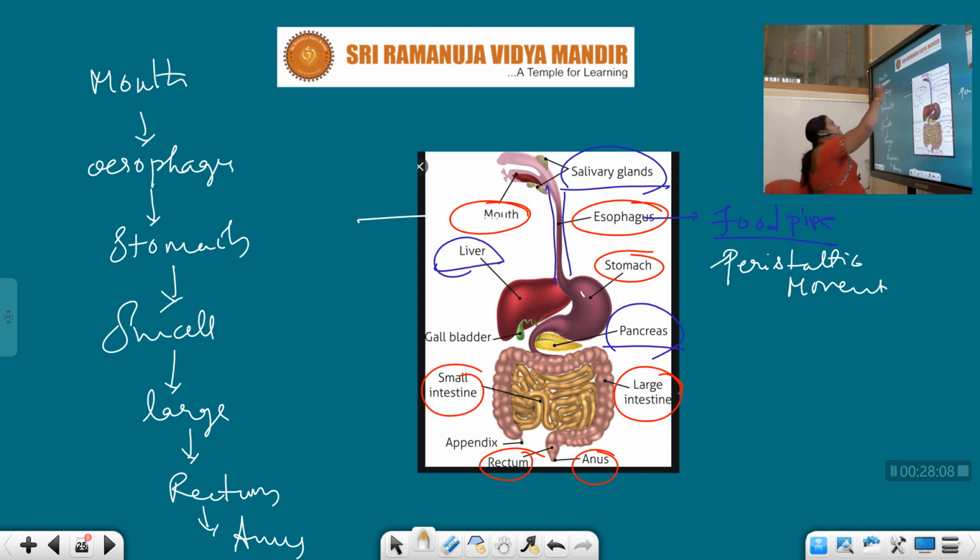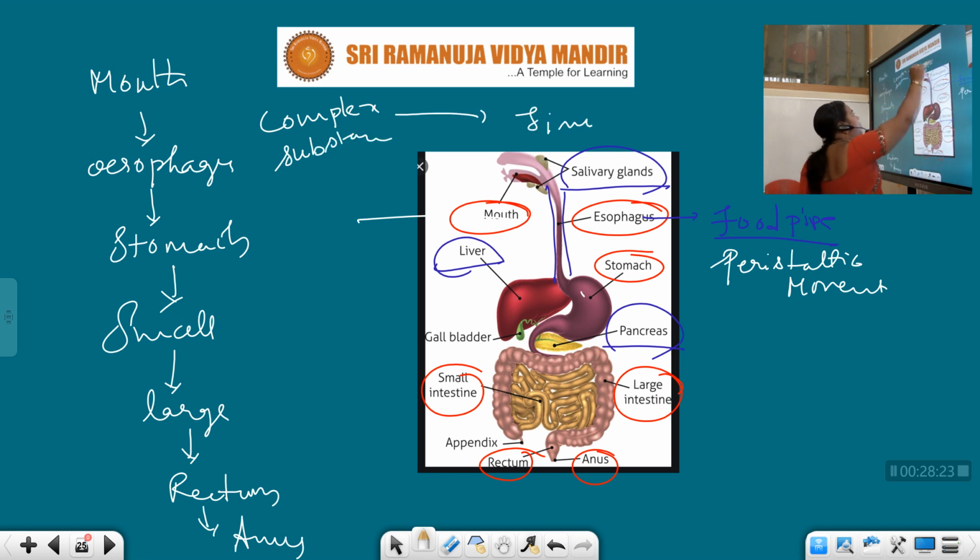Digestion means it converts large, complex food substances into simple food substances. Conversion of complex substances into simple substances is nothing but digestion.